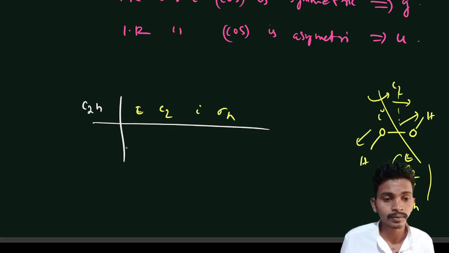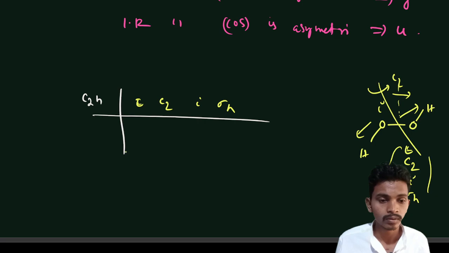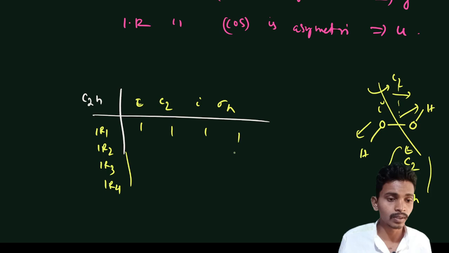Okay, so here there are 4 classes, so I will write IR1, IR2, IR3, and IR4. Okay, so this is always 1, 1, 1, 1, and for C2H the order is 2n, so 2, 2, the 4, so this also gets 1, 1, 1.